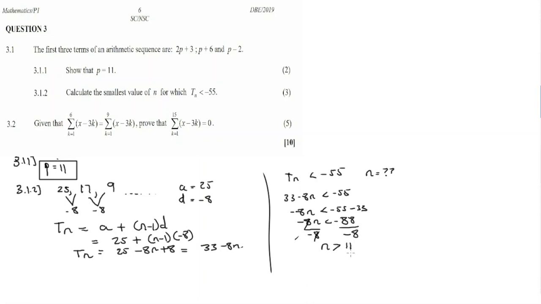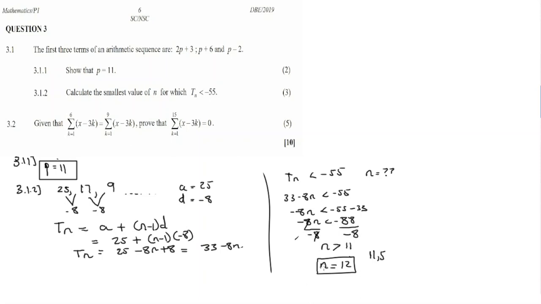But we want the smallest value of n which is greater than 11, and that n value is actually equal to 12. That's the smallest value greater than 11. I also understand that 11,5 is greater than 11, but the n value is always an integer, not a decimal.